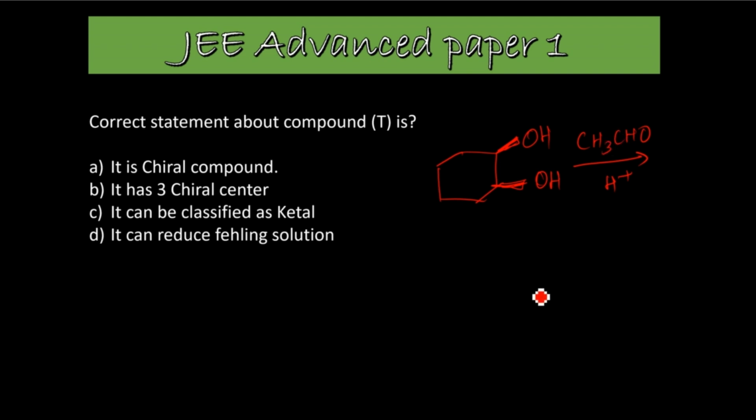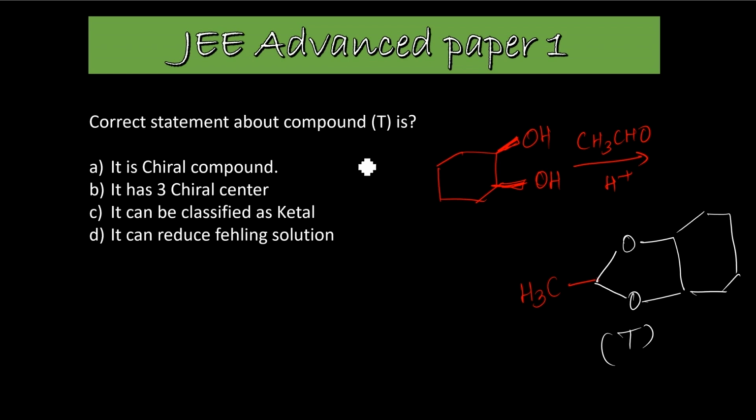This CH3CHO is just getting attached like this. Here I'm having 2 alcohols. Do we have to care about the stereo part? No, so let's not worry about that. So let me take this carbon with 2 alcohols, right? Which will produce a compound like this. Okay, so this is our T.